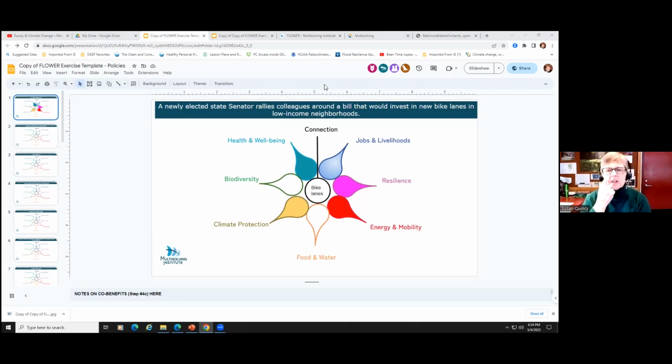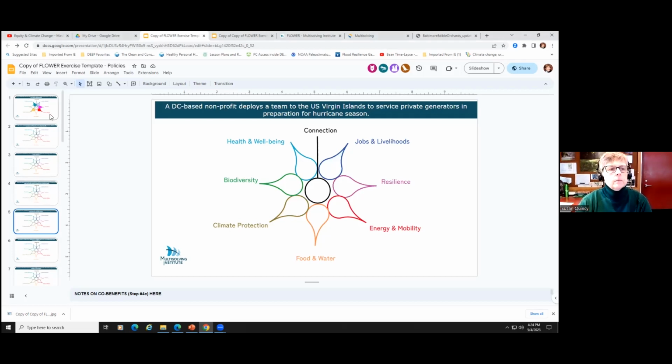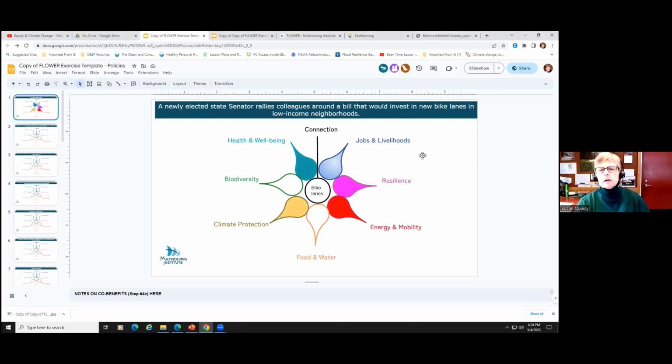Everybody is seeing this. So this is what your students can actually use, this Google Slides setup. You can pick any one of these scenarios if you want to do a test run. Earlier, I suggested an activity: putting bike lanes into low-income neighborhoods, and how you can evaluate this scenario applied to that co-benefit.